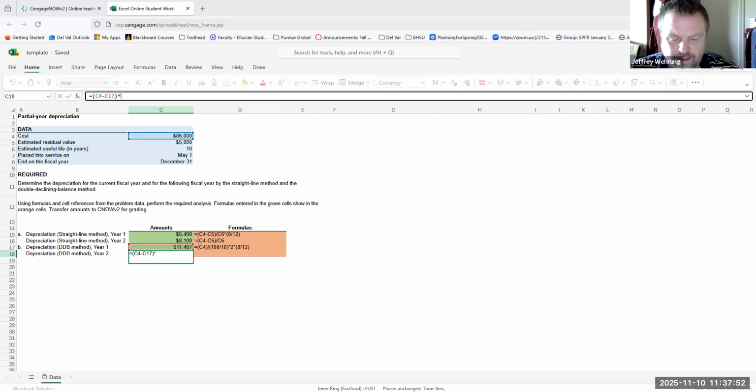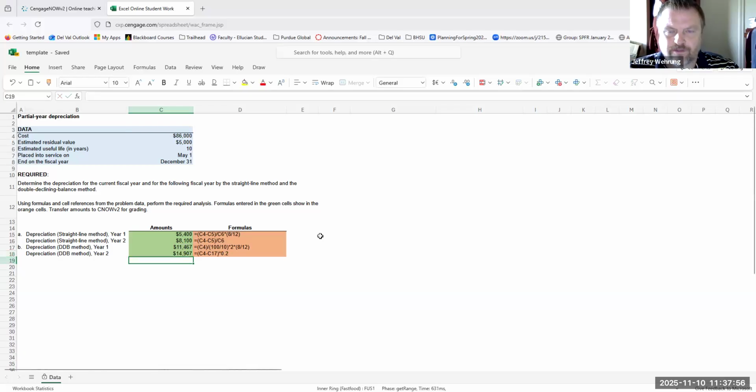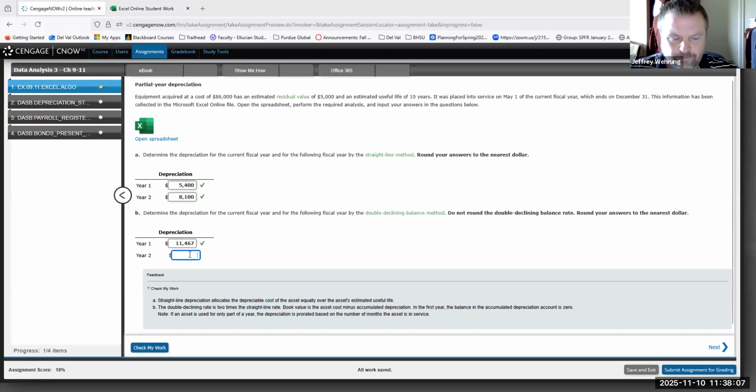We multiply that by our 20%. Again, it's double the 10%. And we can only do this down to the residual, but we're still well above the residual. So 14,907. So you check that work.